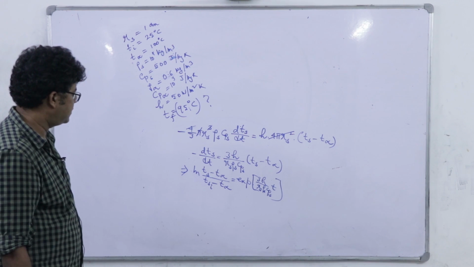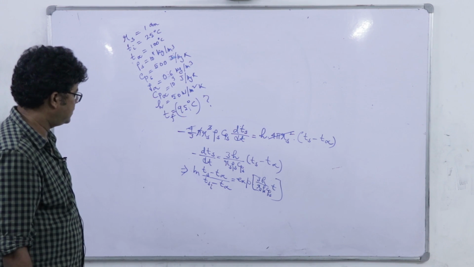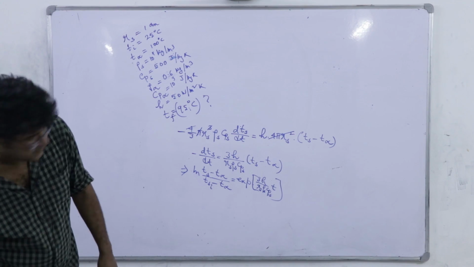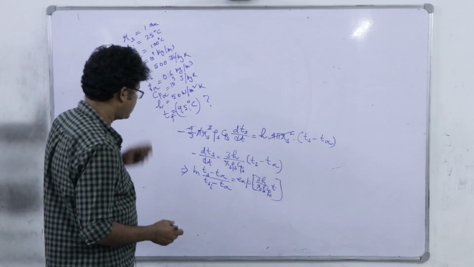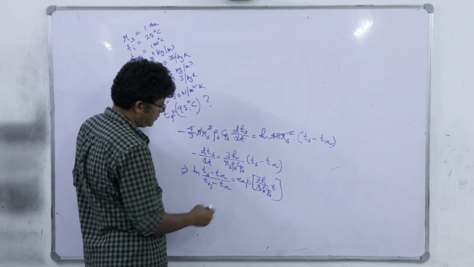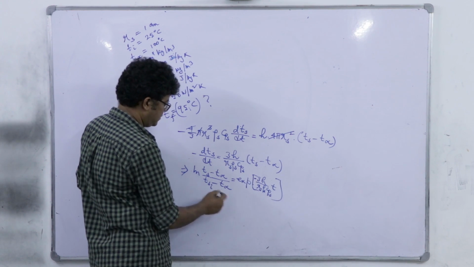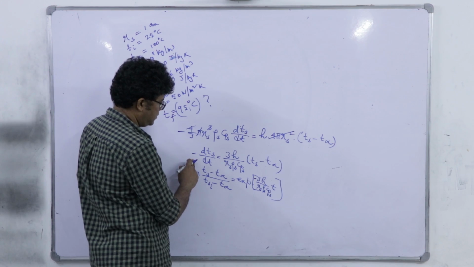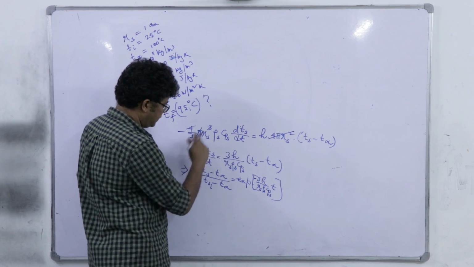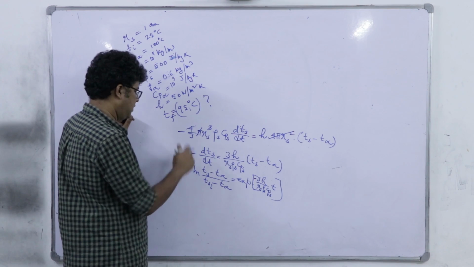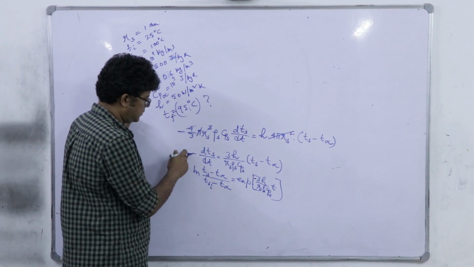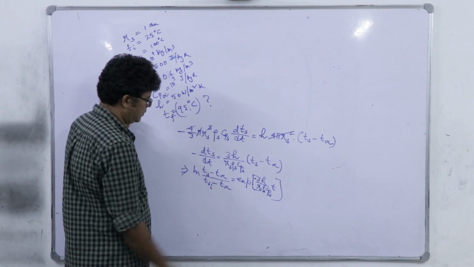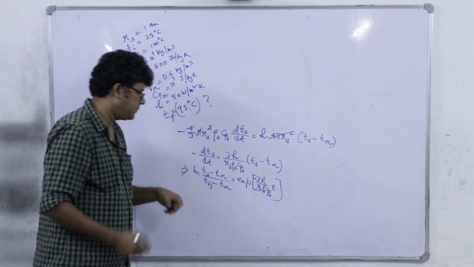Right? So there will be a minus sign. Yeah, because we are integrating from Tsi to Ts, so there will be a minus sign. So that will be the result.